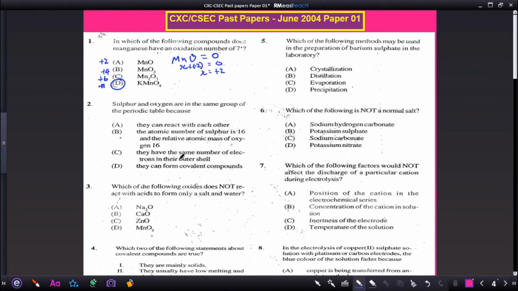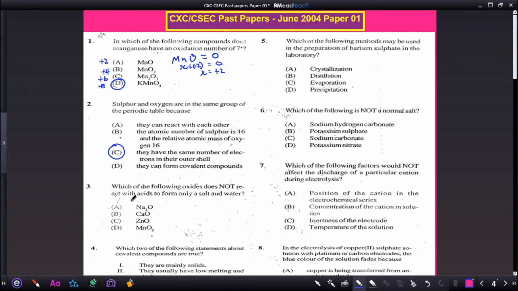And the answer is C. Oxygen and sulfur are in group 6, and they both have 6 electrons in their outer shell. So remember that the valence electrons tell you the group that they are in, right? If the outer shell has 6 electrons, that means they are in group 6.